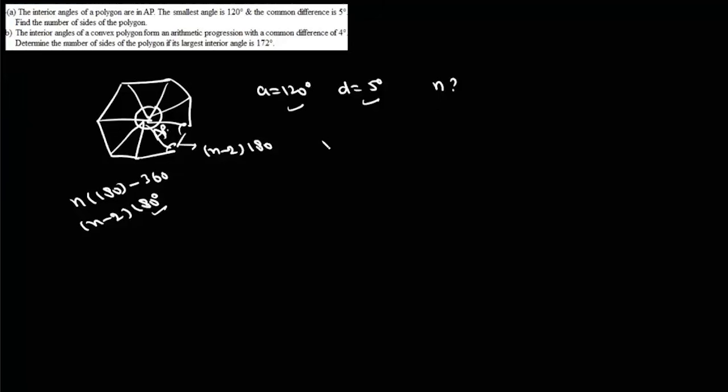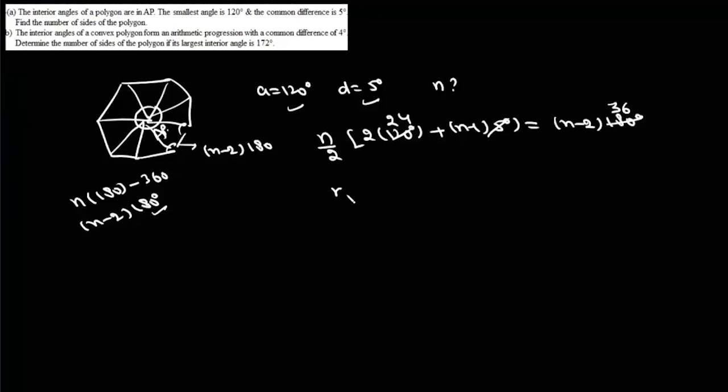So sum of all the angles will be n by 2 into 2a plus n minus 1 into d, and that will be equal to n minus 2 into 180 degrees. Now we can cancel 5 here. So this is 5, 24, and this is 36.